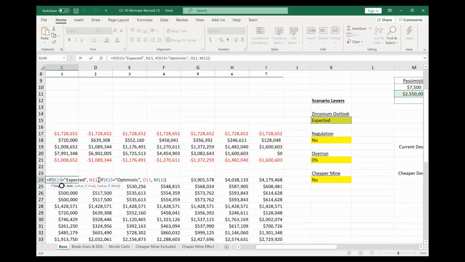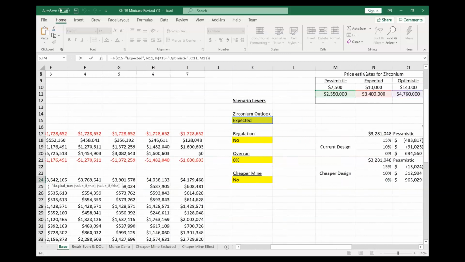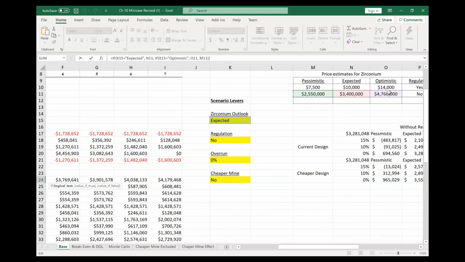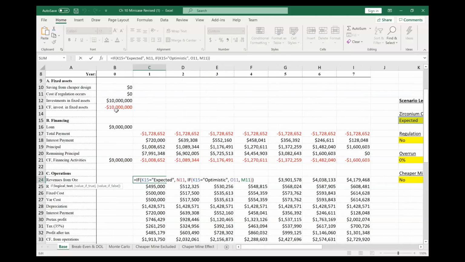So instead of simply typing in a number, I provide another if statement. If K15 is optimistic, then we will use O11, which is 4.7 million. And the third possible case is in M11.